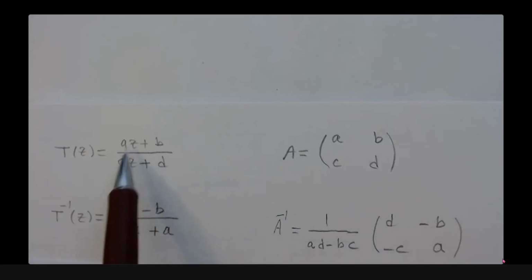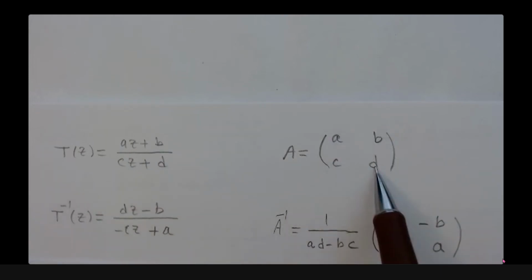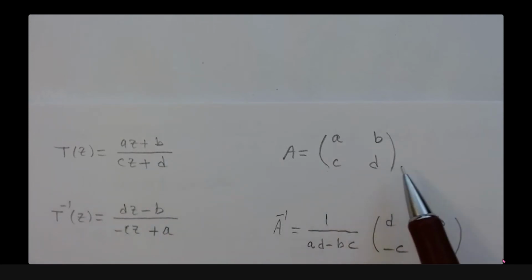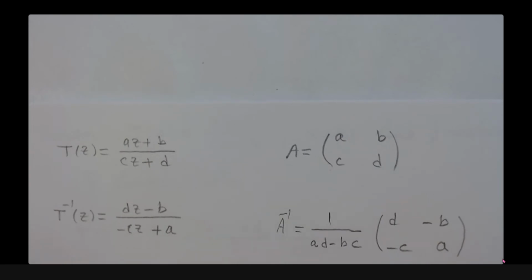Just forget about z's, pluses, and this. So A, B, C, D, this matrix. And the inverse, we just found out, here is the inverse, all right? Inverse of that matrix. And we can have a one-to-one association between the set of all linear fractional transformations and the set of all 2 by 2 invertible matrices. So that's extra information I just wanted to give you.